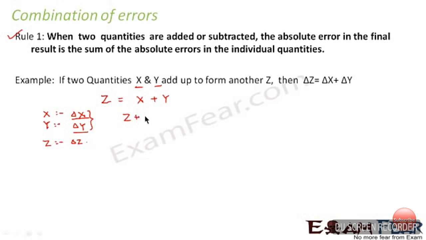So in that case, z plus delta z will be equal to x plus delta x plus y plus delta y. Correct? Now we can arrange this equation like x plus y plus delta x plus delta y.